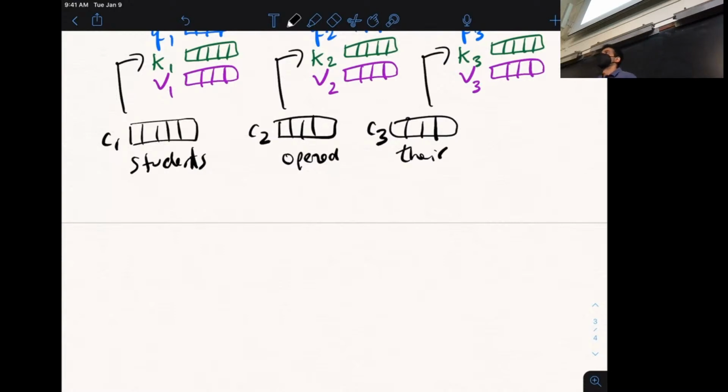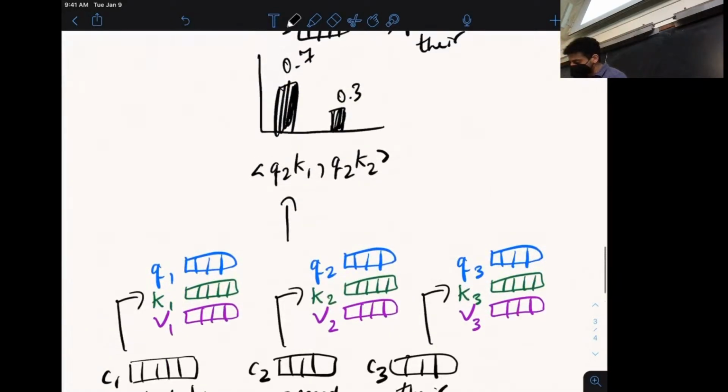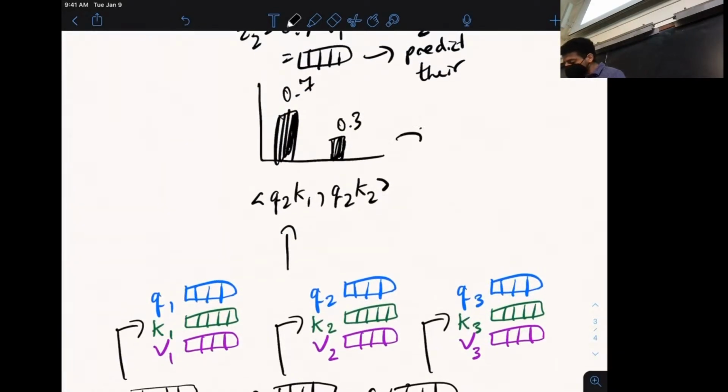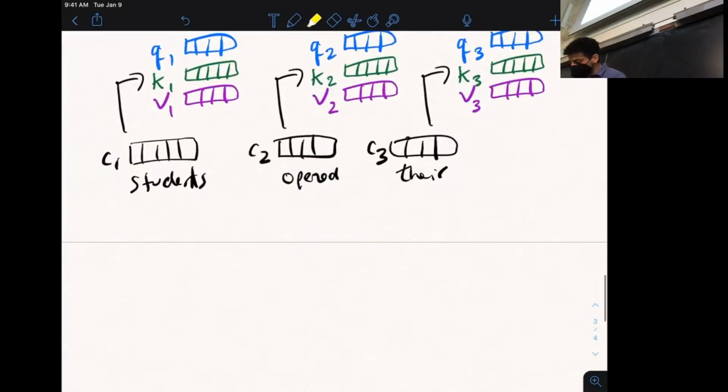All right, we will just finish this up because there's one more important thing that I want to show you. So first, of course, no Q2, K3 because of cheating. Highlight that. And then you can also imagine doing the same thing for the first time step, right? There's only one attention score.